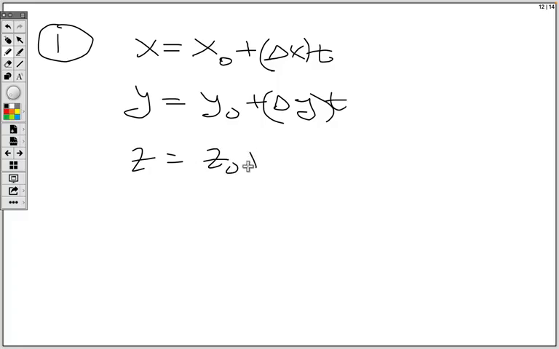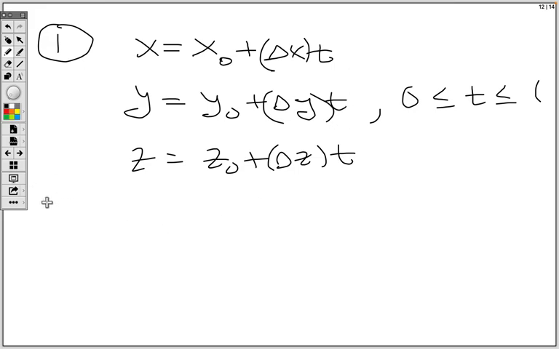And z is z naught plus your change in z times t. Then to trace out the segment that starts at P and ends at Q, t just has to run from 0 to 1. You're starting at x naught, y naught, z naught, and you end up one unit of delta x, delta y, delta z later.